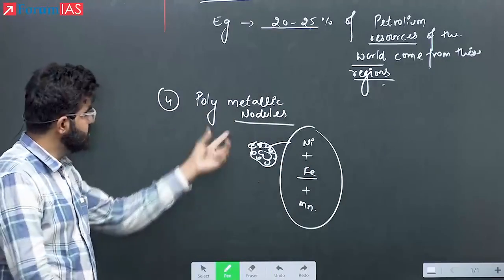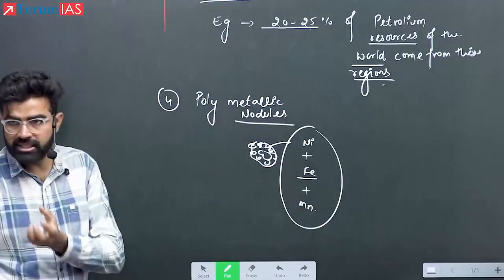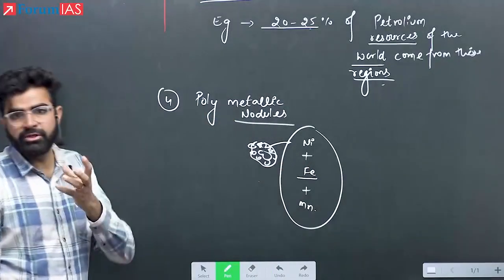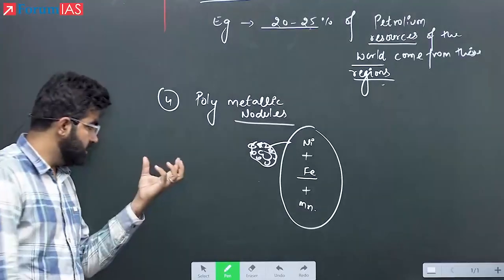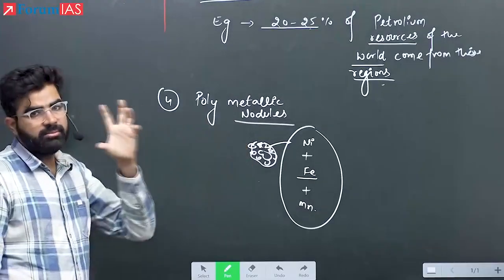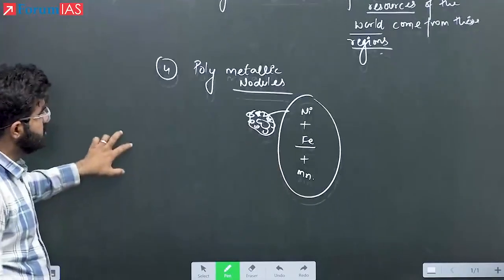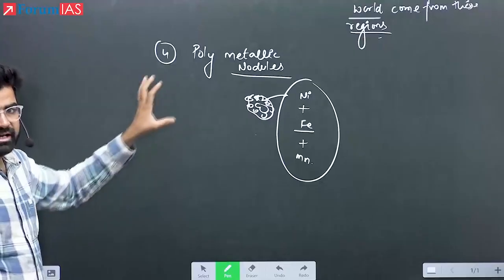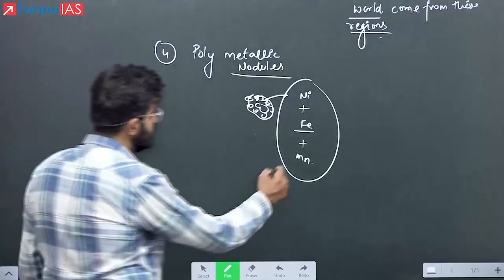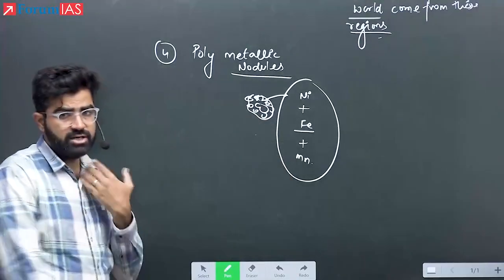This lump is known together as a polymetallic nodule, where some of the key minerals will be lumped together. So this area is also equally important for the polymetallic nodules, and these nodules are so important for any country.